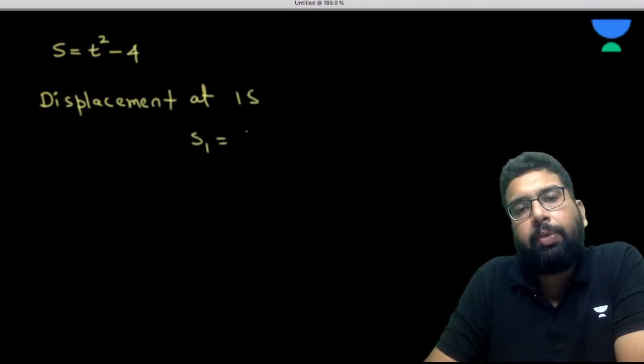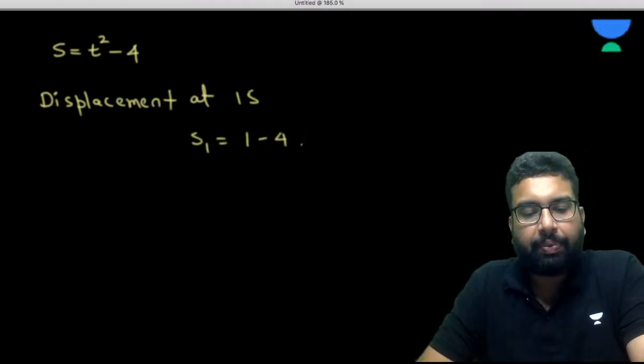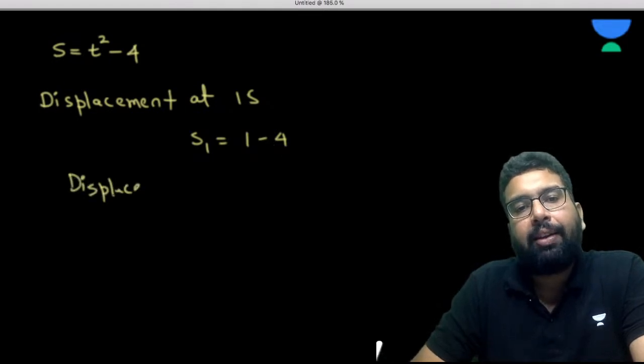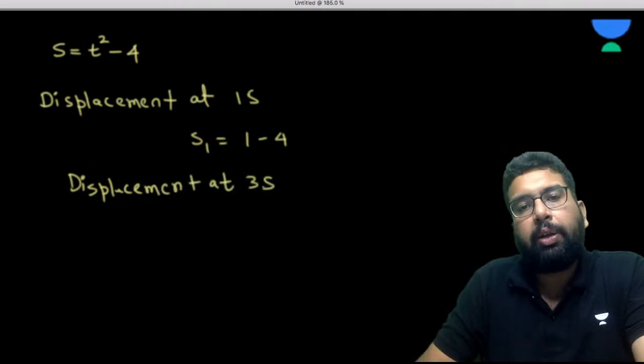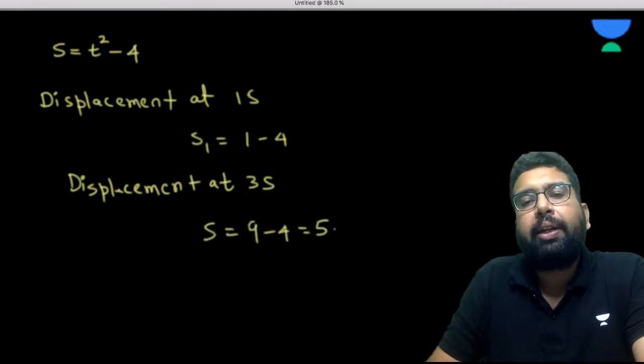It is going to be 1 minus 4. Or if I ask you what is the displacement at 3 seconds, it is going to be s is equal to 9 minus 4, that is 5 meter or 5 units, isn't it?